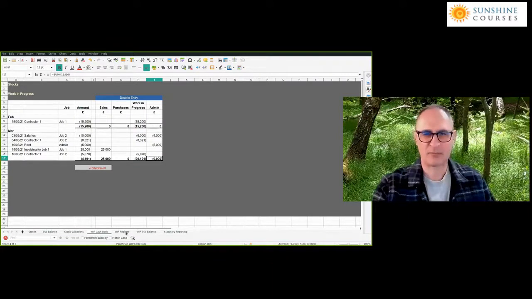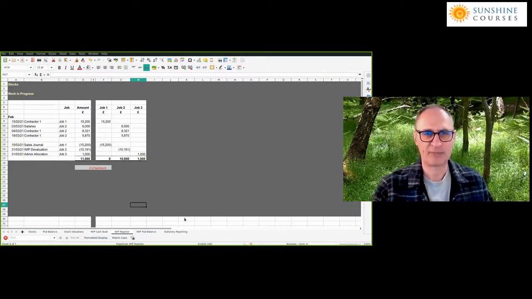So I'm now going to look at the work in progress in more detail, and I'm going to look at the equivalent of the stock register we had, and I've called this a work in progress register. You're going to find with work in progress, there's a much more compelling need to keep a register, less so with physical stock, much more so with services.